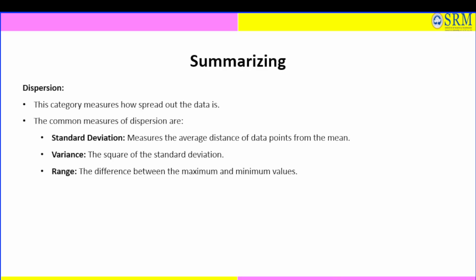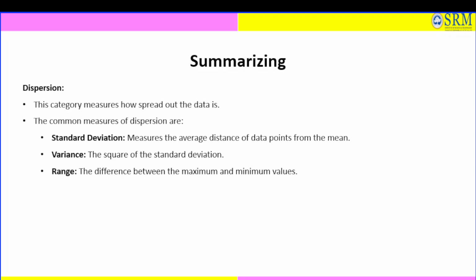Next comes the second part of our summarizing, which is dispersion. As the name implies, this category measures how spread out the data is. The common measures of dispersion are standard deviation, variance, and range.